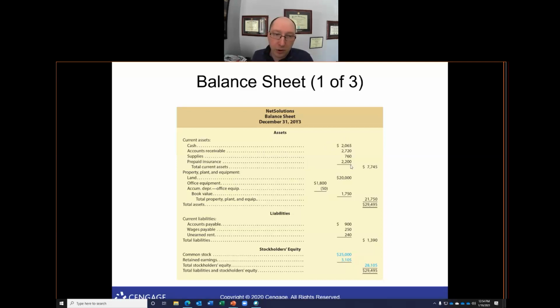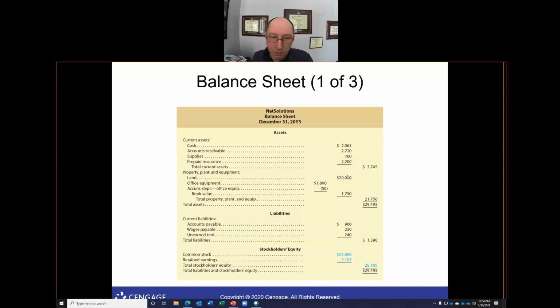You add up your current assets to get total current assets. Then you look at your property, plant, and equipment. Those are your fixed assets. Land plus office equipment minus depreciation. Your asset minus depreciation equals book value for that asset.